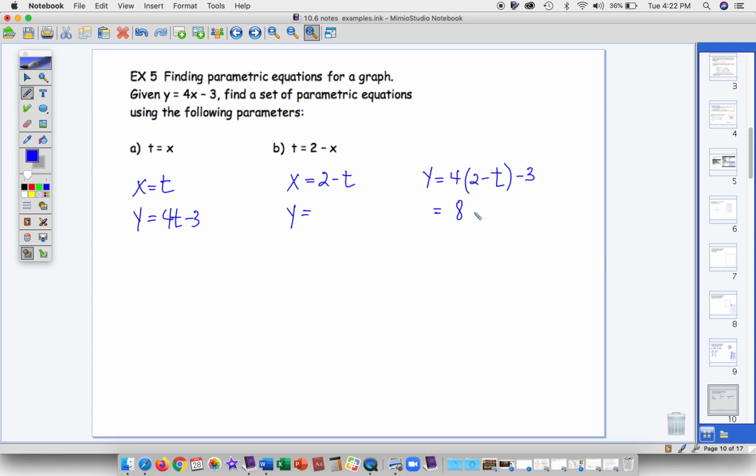So I end up with 8 minus 4t minus 3, which is 5 minus 4t. So my second equation is 5 minus 4t. Okay, so that takes care of that type of example.